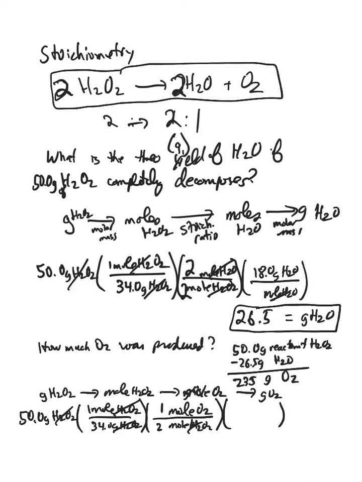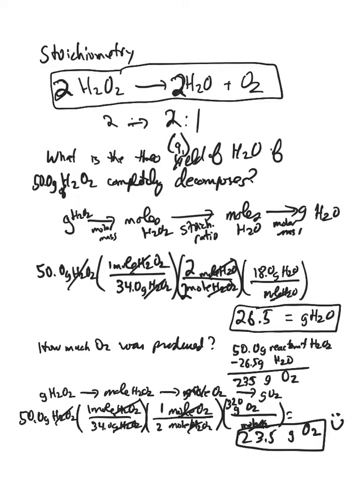And now, to get the theoretical yield of oxygen, I want grams O2 divided by moles O2, and it's 32.0 grams per mole for molecular oxygen. So moles O2 divided by moles O2 will give me grams O2. So 50 divided by 34 times 1 divided by 2 times 32. Aha! Gives me 23.5 grams of oxygen.